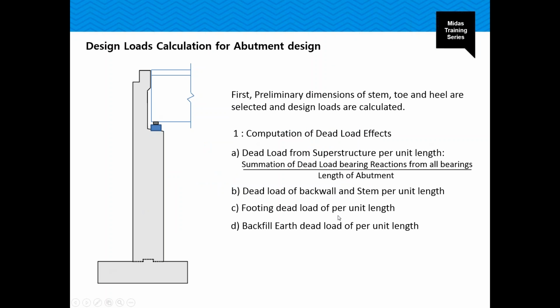So all the loads which we'll be calculating will be for per unit length of the abutment. So we'll be carrying out design for per unit length of the abutment. So the dead load from superstructure is taken, and the dead load for back wall, stem, footing, and the backfill, which is the earth fill, is also taken.